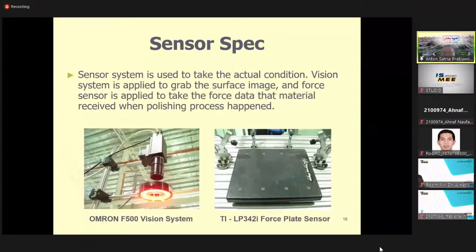And then for the sensor specification, we use the Omron FH500 vision system, as you can see in the left figure.